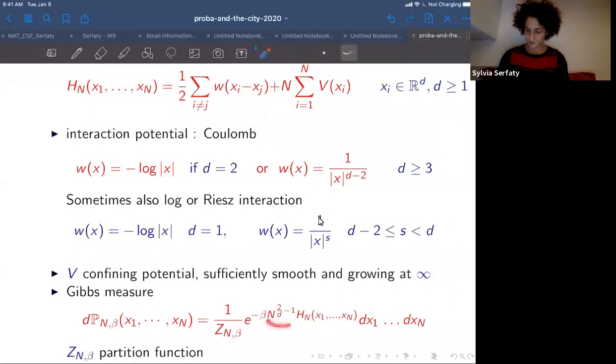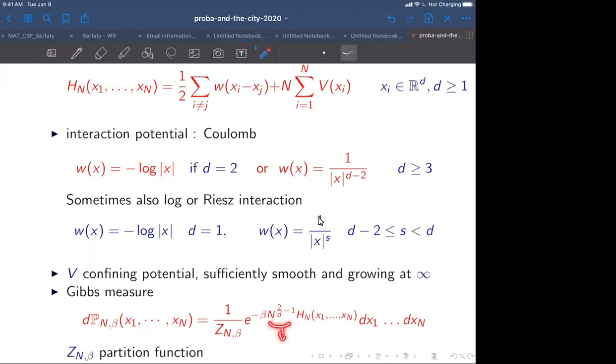And here I've included a slightly unusual, maybe, scaling of the temperature by putting this factor n to the 2 over d minus 1 in front. It's actually not a loss of generality. It turns out to be a good scaling in order to see interesting effects at the microscopic scale. If you're used to working with these log gases in dimensions 1 or 2, in fact, this thing doesn't really do anything. So this is for the Coulomb case, and this is the scaling for the Coulomb case.